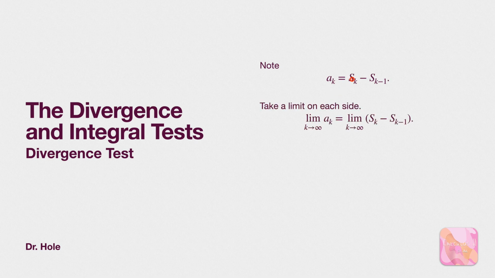Well, if we assume that we're going to have a convergent series, then the sequence of partial sums is going to converge. And writing out the kth partial sum versus the k minus first partial sum, each is going to limit to the same value.